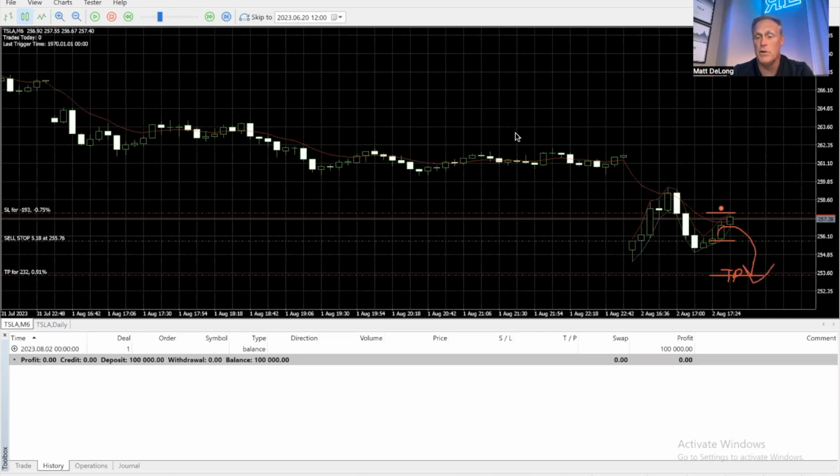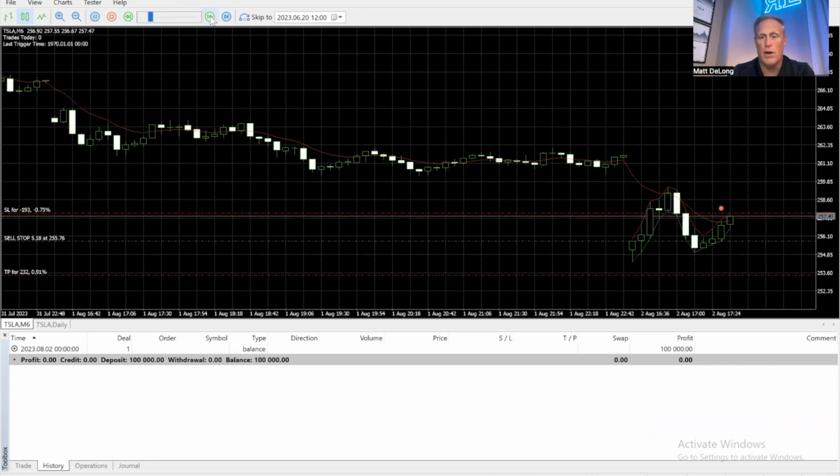And of course, if it moves higher, we would not be in the trade. Of course, it has to cross our dotted green line right here to get into the trade. And once it does cross that green line, that means we're now triggered into the trade, and a rollover and going lower will allow us, let's see if we can speed this up a little bit.